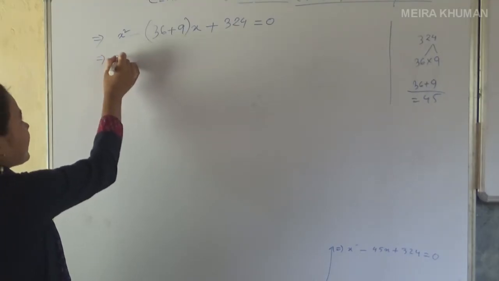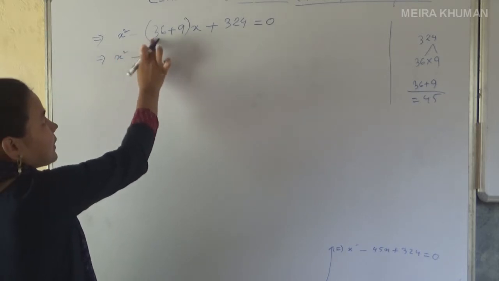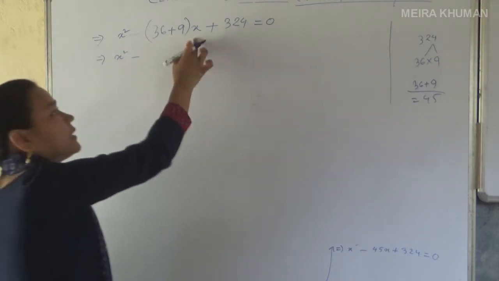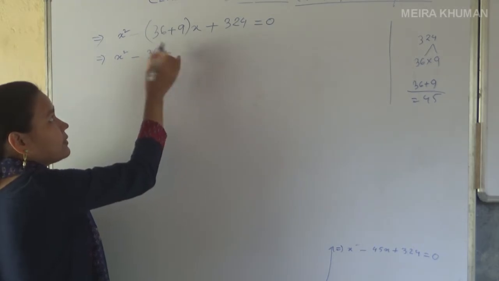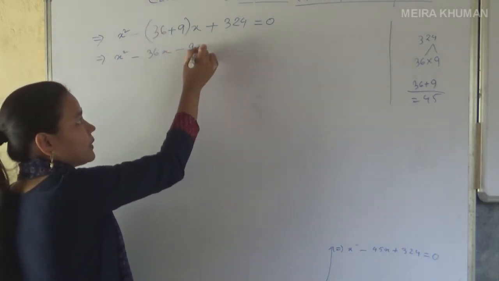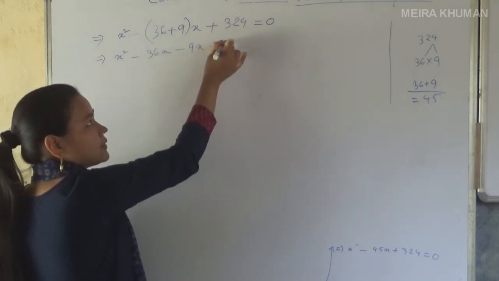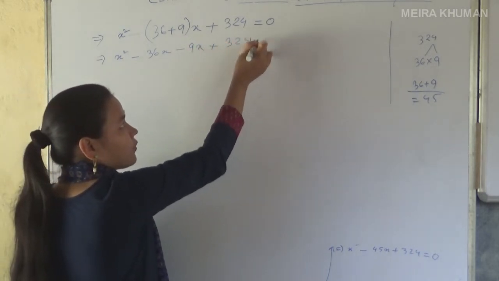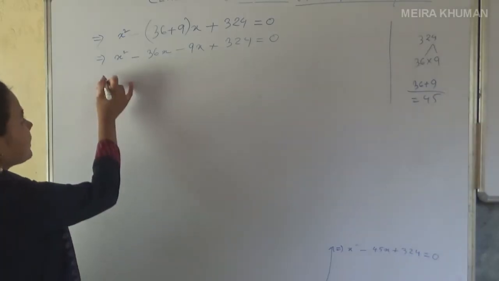Next: x square minus 36x, then minus 9x, plus 324 equal to 0.